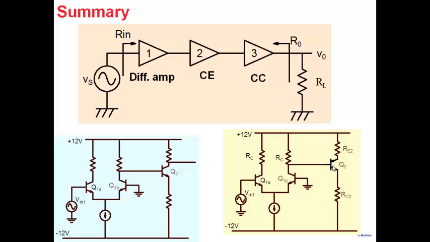Individual optimization won't work. You can build the best possible differential pair and separately the best possible common emitter amplifier, put them together, and it may turn out to be the worst possible combination. That's the general message: when you put things together, you have to look at the whole thing, especially because they are very tightly coupled. Their biasing is coupled, and this stage loads the previous stage, so you have to look at them together.